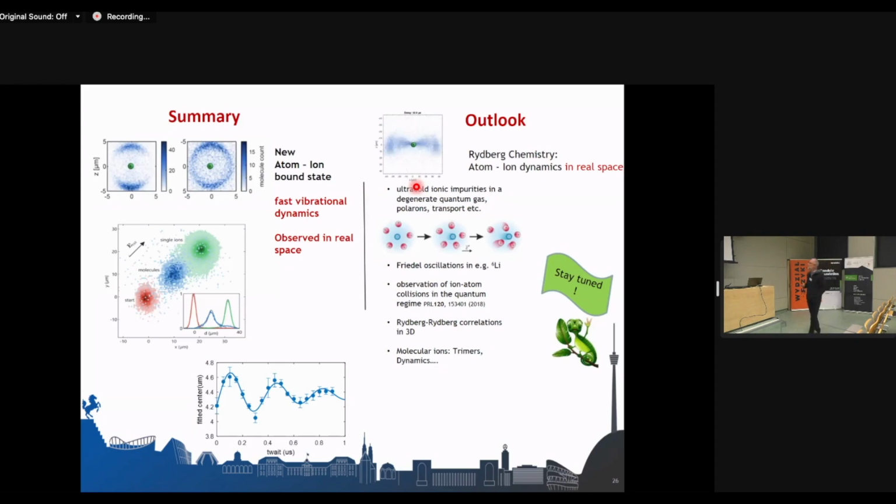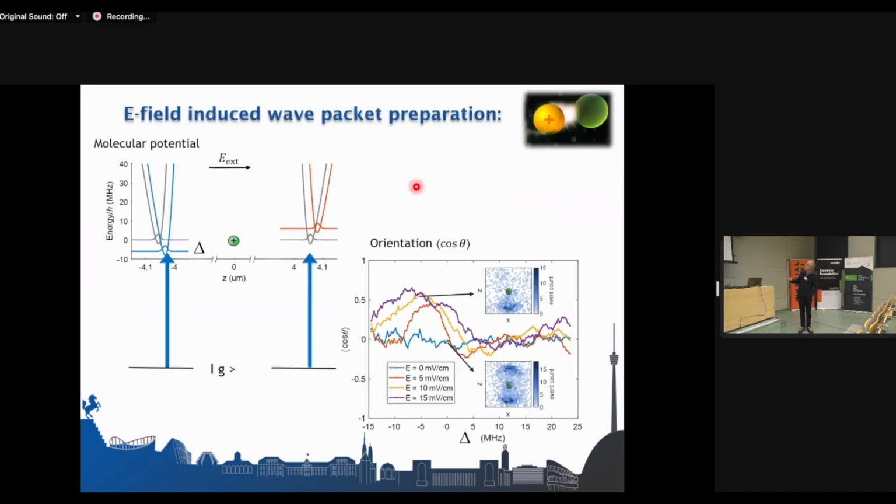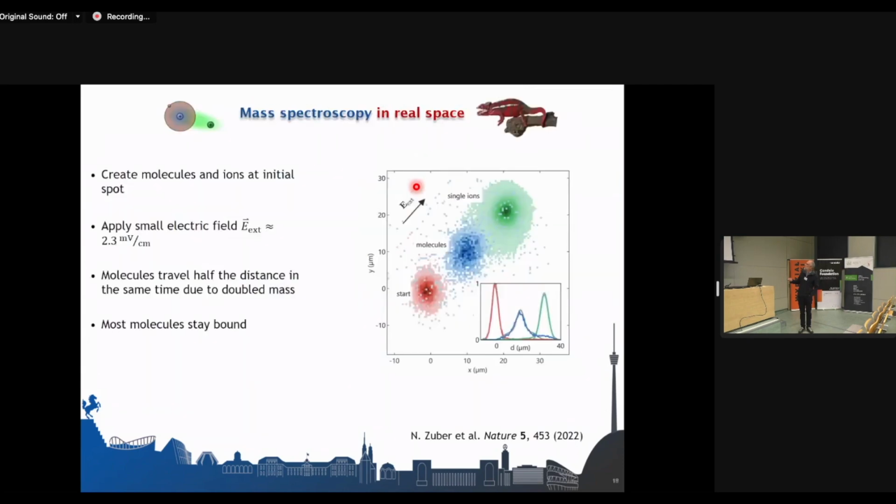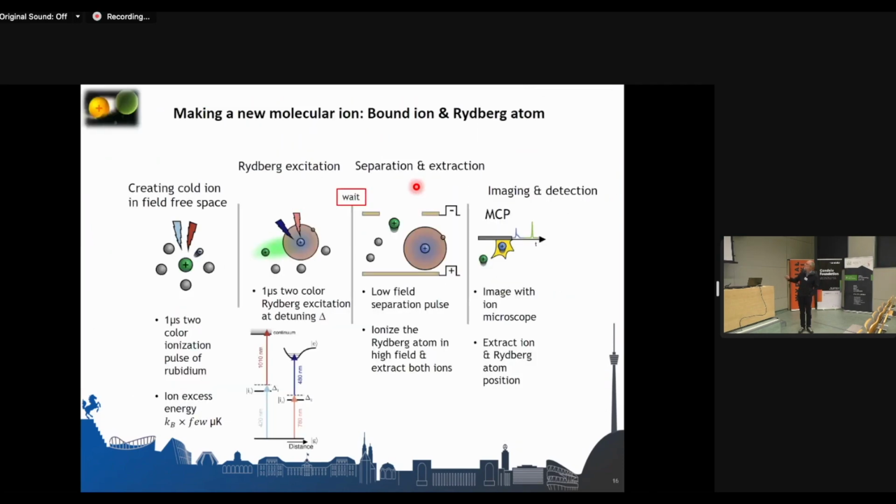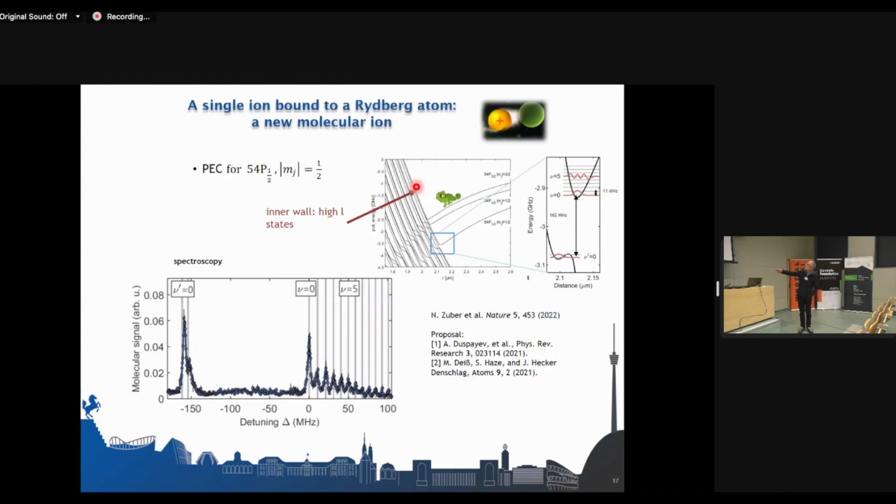Yes, the lifetime is on the order of 10 microseconds. And we have not investigated it very systematically. We would expect from first principles a longer lifetime. What we are suspecting is that around these minima here in the potential energy surface, there are a lot of other states. Actually, here you have seen it. There are a lot of other states, and all the states involved have a very large electric dipole moment.